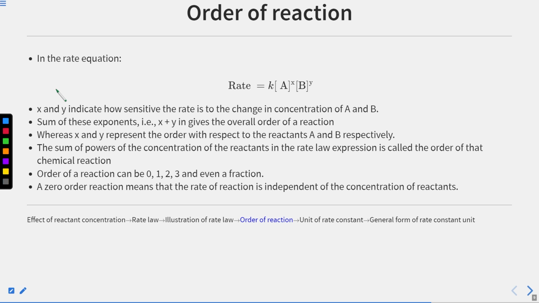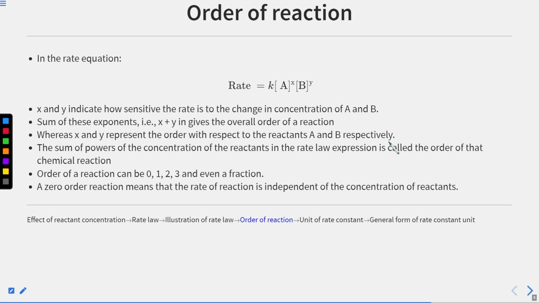You have seen that if you just square something, it gives 4 times. So you are kind of checking the sensitivity. What do we mean here? That X and Y indicate how sensitive the rate is to the change in concentration of A and B. This is clear. Now the sum of these powers. What are the powers?